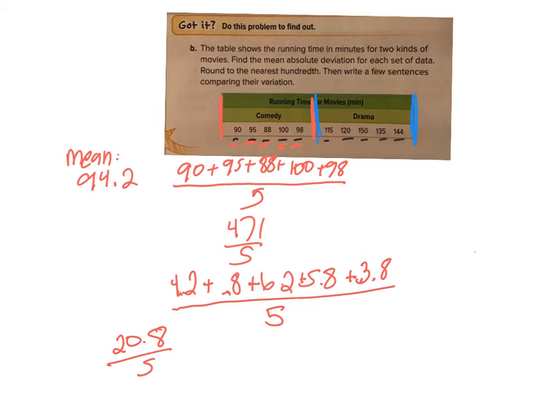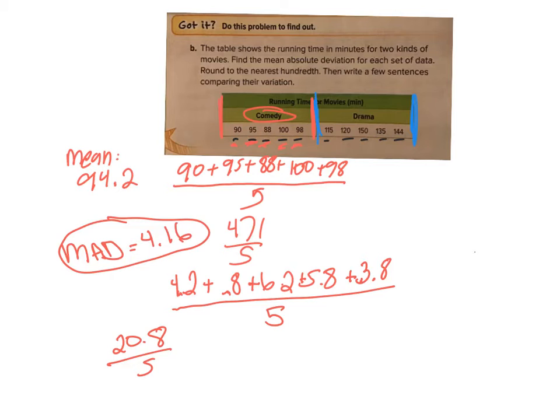Divide that by 5. It gets me a mean absolute deviation, MAD, of 4.16. So that is for comedy. The MAD for comedy is 4.16.